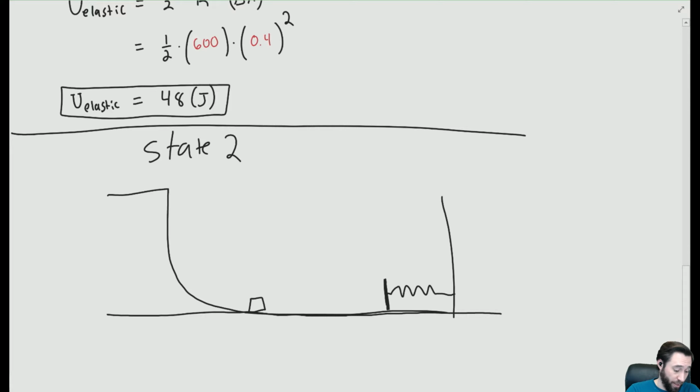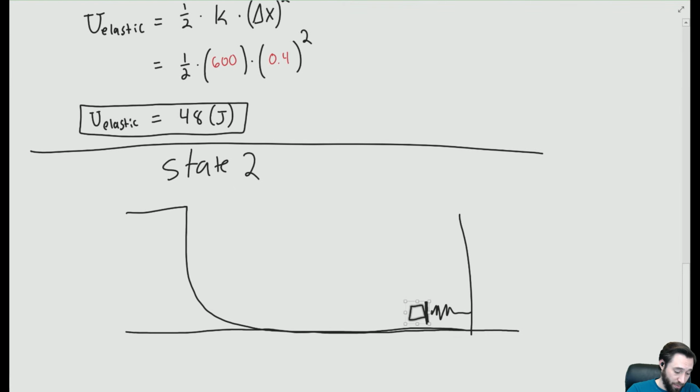And then state 3 would be when the box has compressed the spring to its full, as much as it can, and it's the instant right before it gets launched back up the ramp like that. Okay. So that would be state 3. So that's what the situation would be on the assessment.